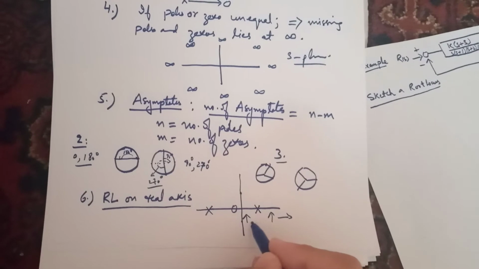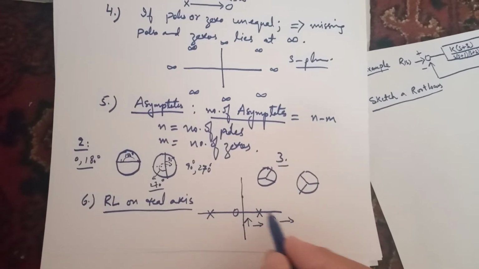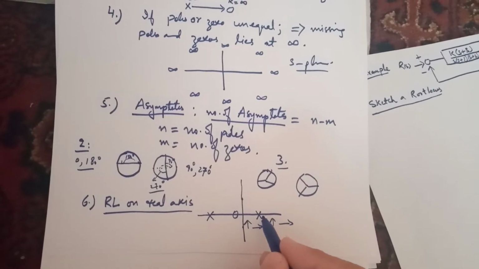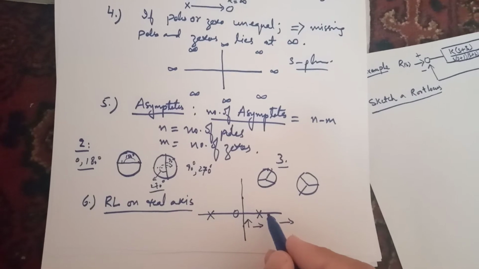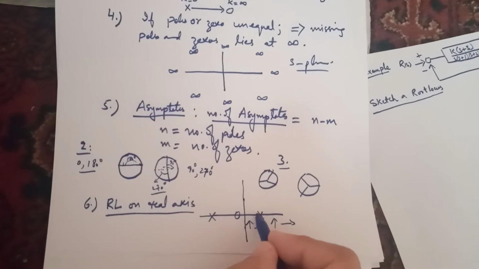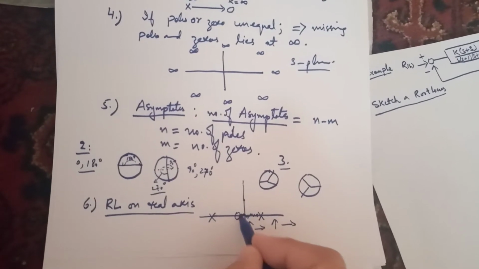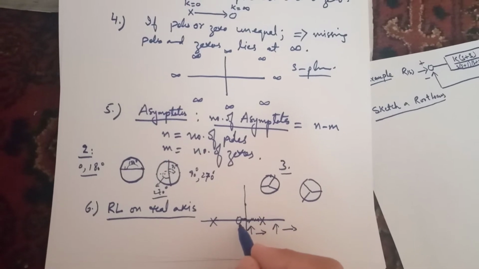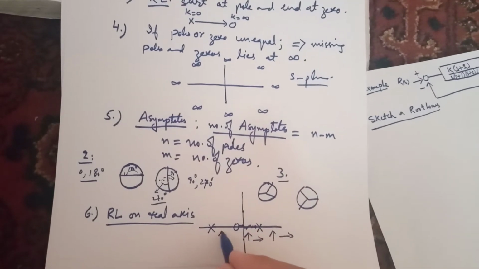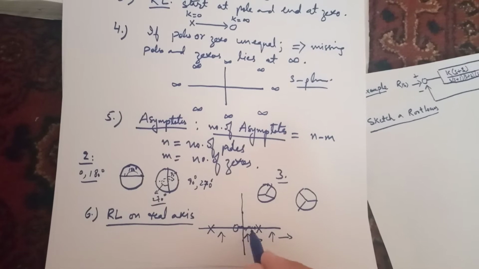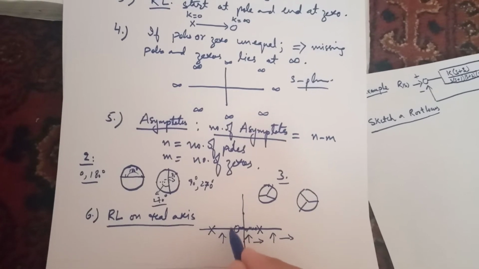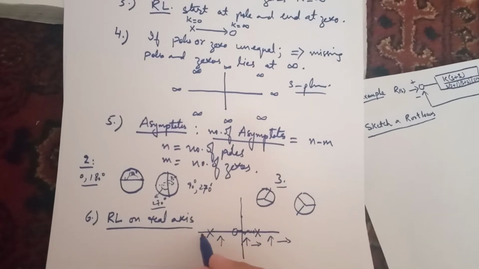When you come here you will move and look in that direction, there's only a single pole, which means that the number of poles and zeros sum is odd, so there must be some root locus till the next zero or pole. After that you again come here and look again, this number is even, so there's no root locus on the left side. Again you move here.